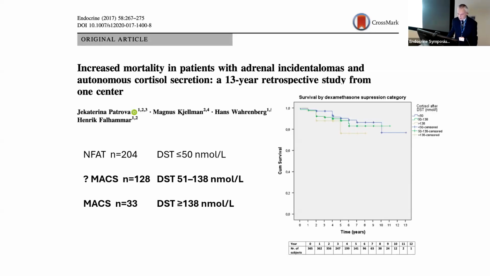And this is a retrospective 13-year study looking at non-functioning adrenal adenomas, so with cortisol levels of less than 50 after dexamethasone, 51 to 138, so possible MACS, and definite MACS more than 138. So this was the definition in this study, and this was later incorporated in the last edition of the guidelines. And you can see that the mortality increases with increasing cortisol levels.